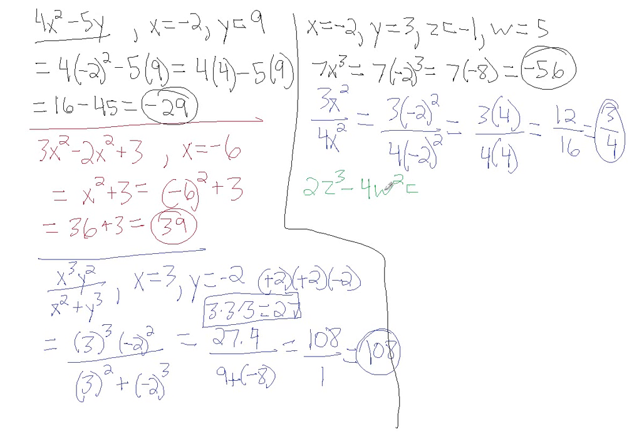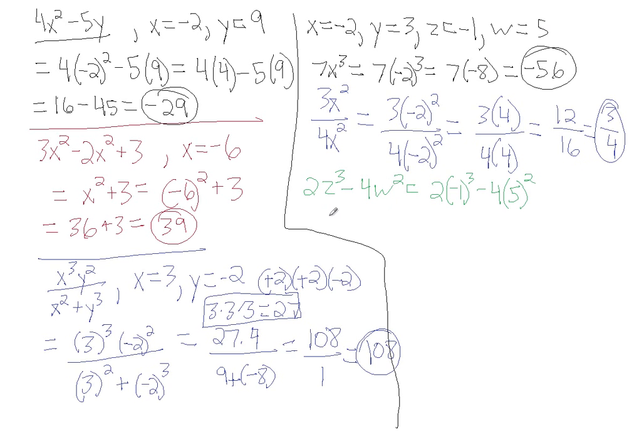Okay, so now we have two different variables here, but we know the value of these variables, so let's plug them in. We have 2 times z, which is -1, cubed, minus 4 times w, which is 5, and w is squared, so 5 squared.